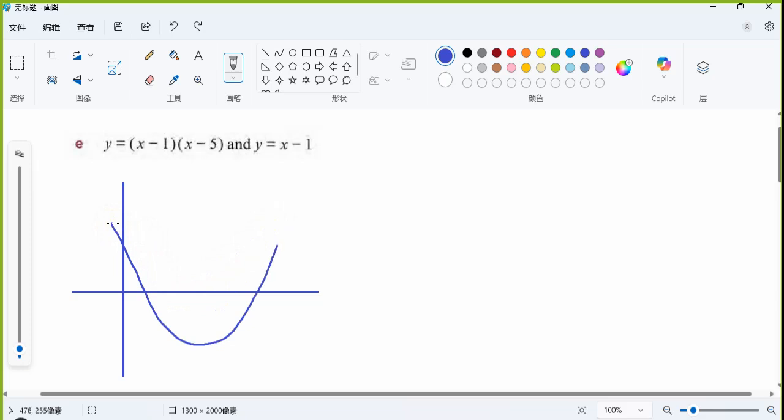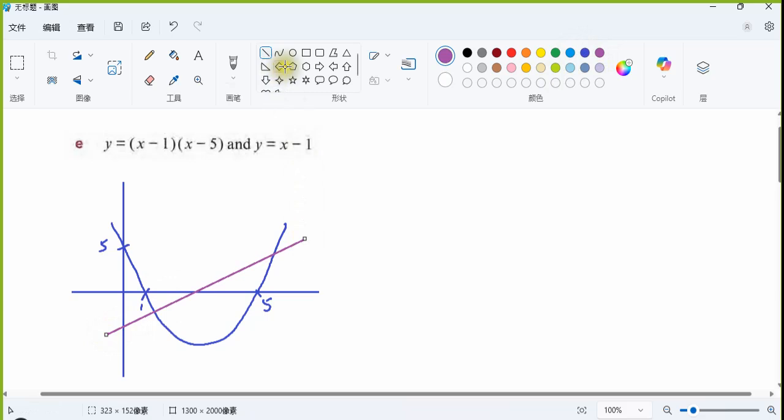When x is 0, y is 5. So y equal to x minus 1. So the graph will be like this. So negative 1 upward. So we have equation 1, equation 2.